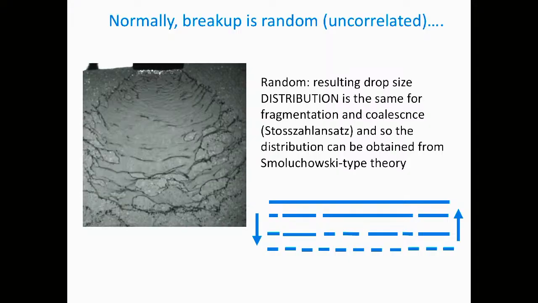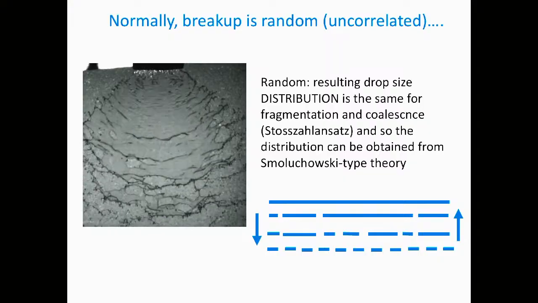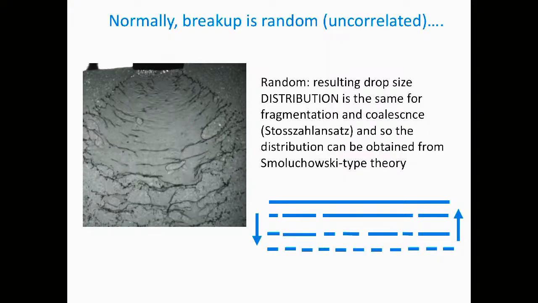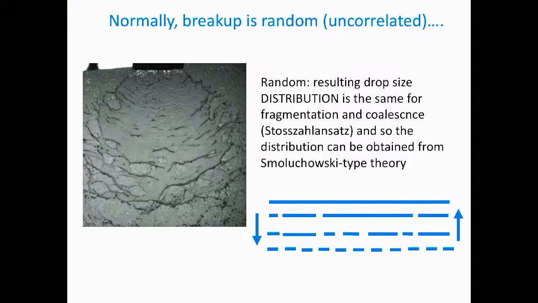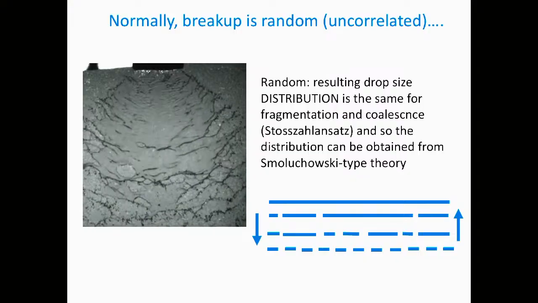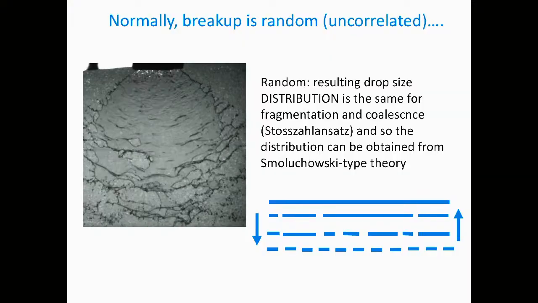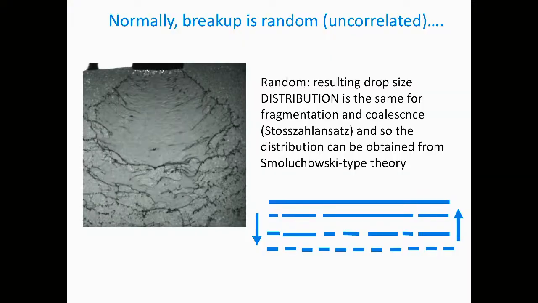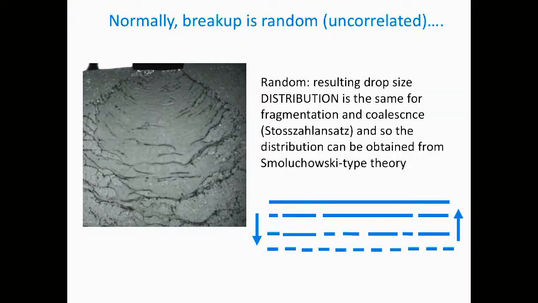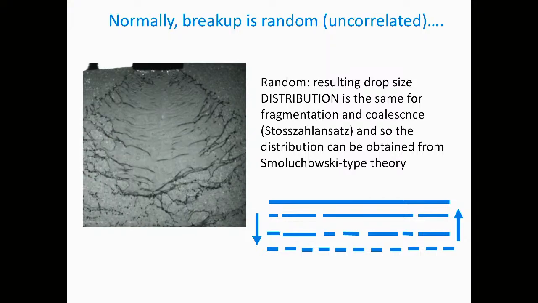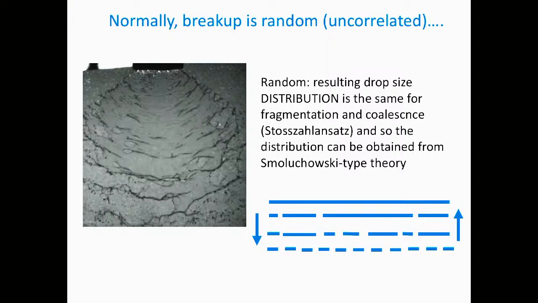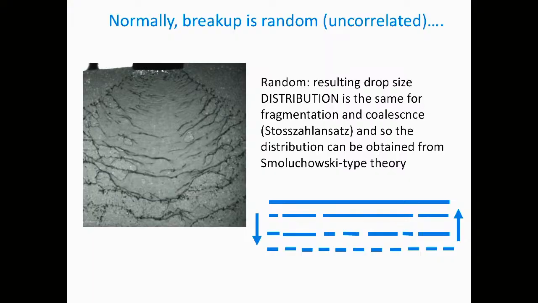All this complicated stuff you could think of as a line, a ligament of water, that I cut in random pieces, and then I cut it again in random pieces, and again, and in the end I will end up with a size distribution that is due to the sum of all these random processes.